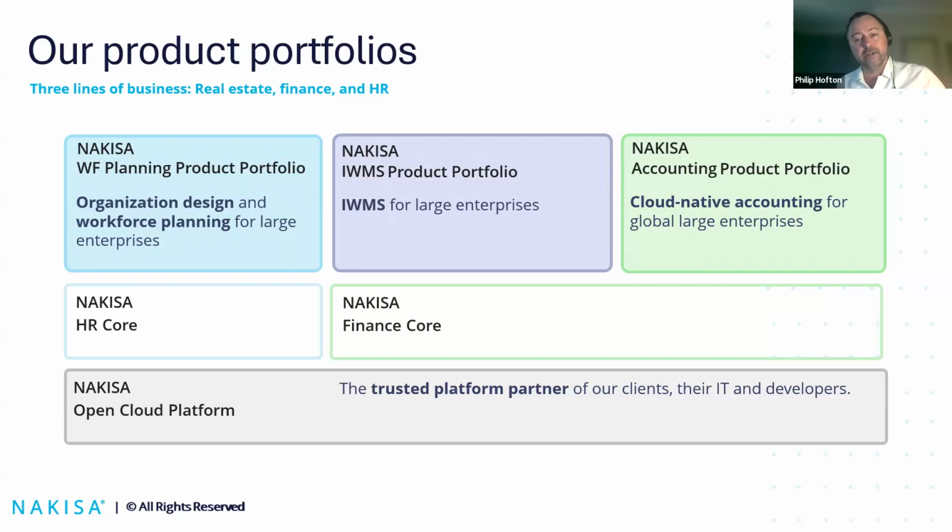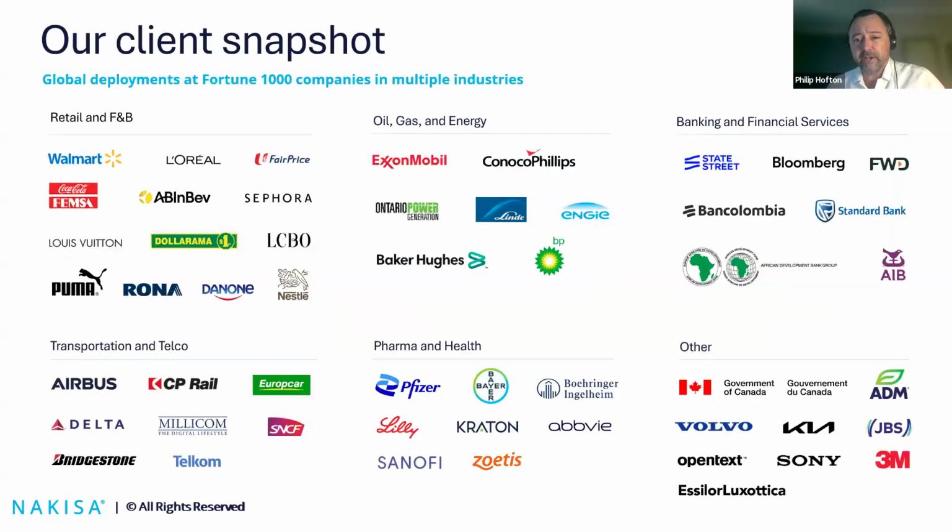And then we also have an accounting solution and administration solution for leases for property, plant, and equipment, which we call our accounting product. All this is built in the cloud, and any solution that you're going to contemplate should be in the cloud at this point. So that's a little bit about us.